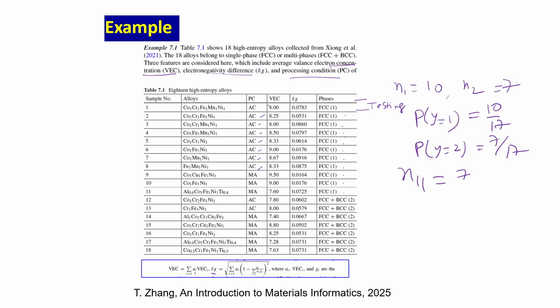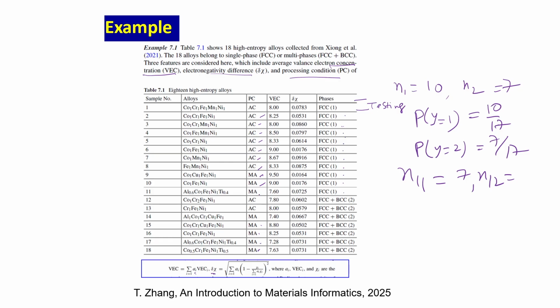Clearly see that? The first one we use for testing, therefore we are not touching it. So N11 becomes 7, and N12 becomes how many? Two phase MA: 1, 2, 3, 4, 5. N21 is 1 and N22 is 2, since single phase prepared by MA, there are only 2.